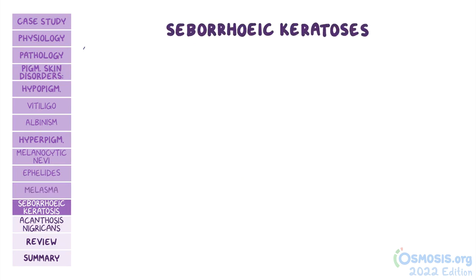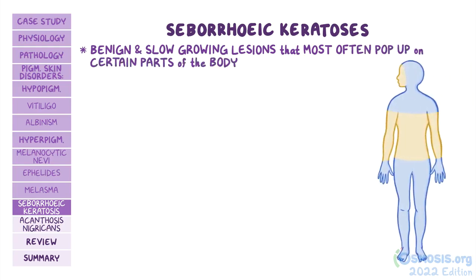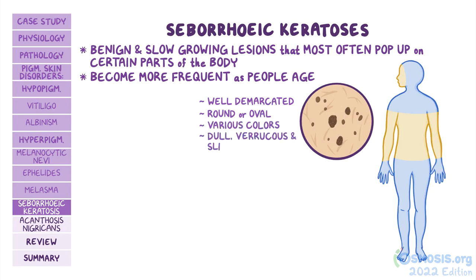Seborrheic keratoses are benign and slow-growing lesions that most often pop up on certain parts of the body like the trunk, arms, and face, and become more frequent as people age. They are well-demarcated, round or oval lesions that can appear in various colors and have a dull, verrucous, and slightly elevated surface.